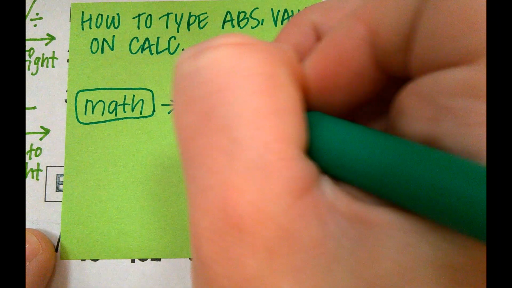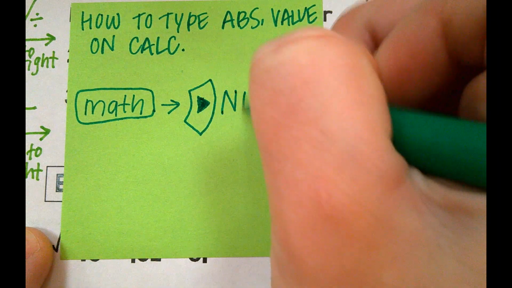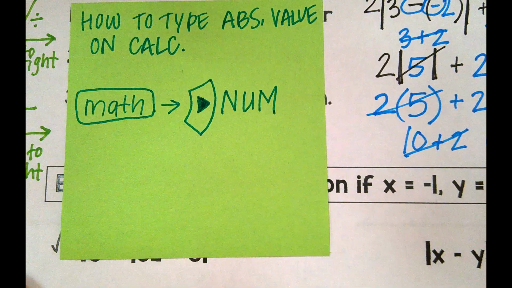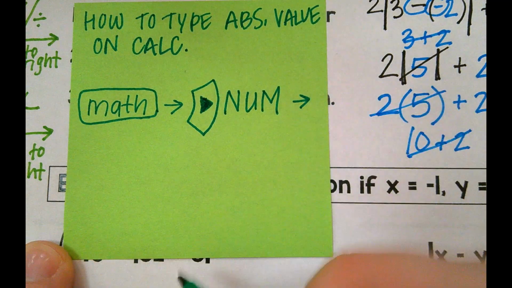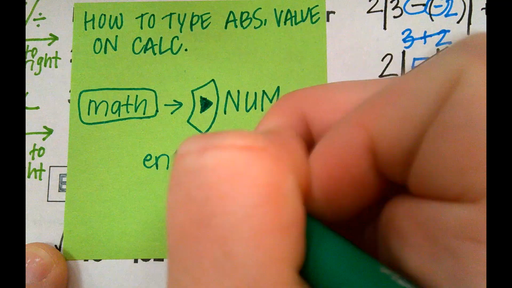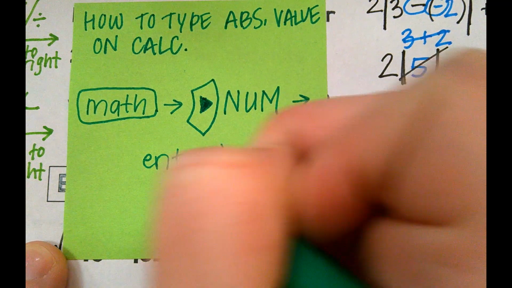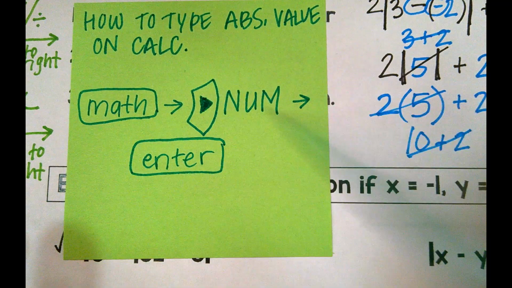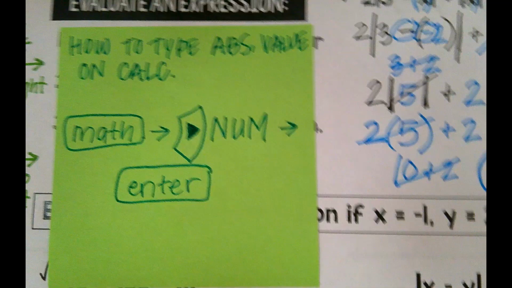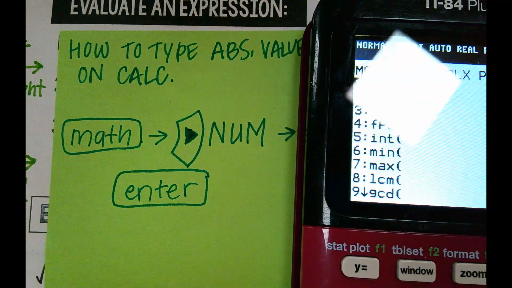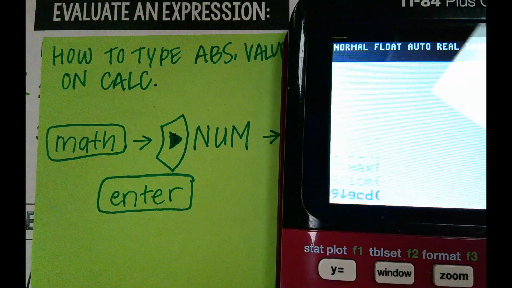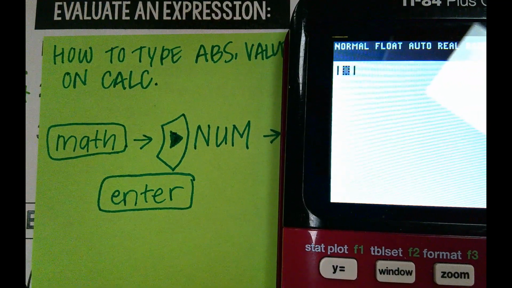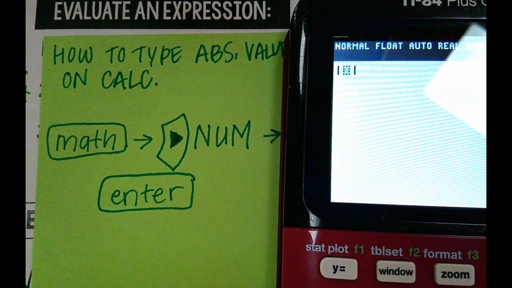Arrow over to number, and then you just press enter. Just 3 buttons: Math, number, enter. So here's where it says number. I arrowed over, I hit enter. Absolute value. And there you go.